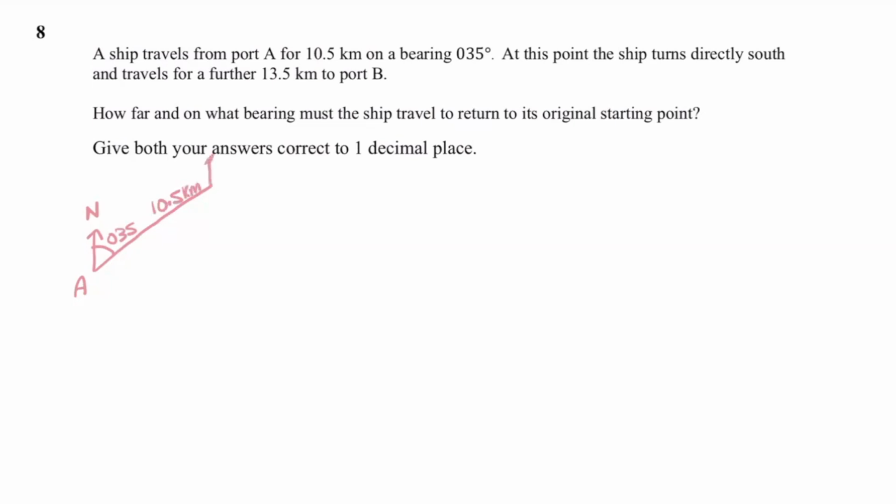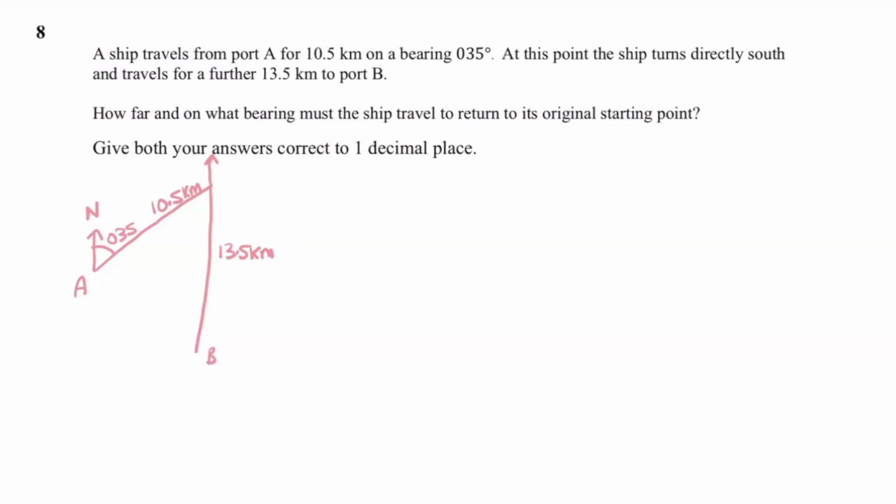And then he travels directly south. He travels for 13.5 kilometers. How far and on what bearing must the ship travel to return to its original starting point? So we're at B currently.